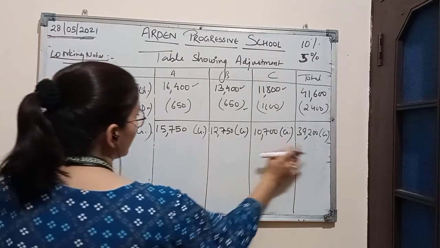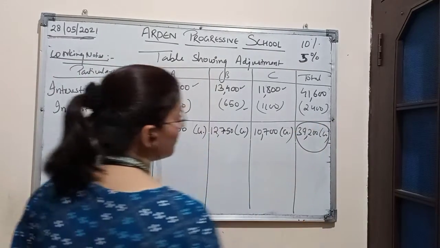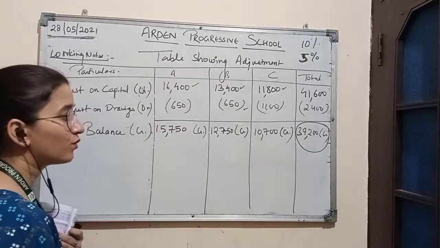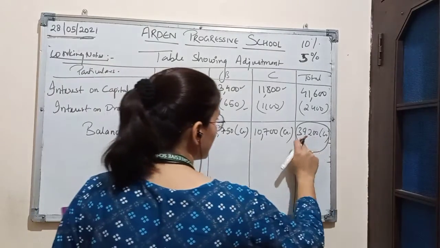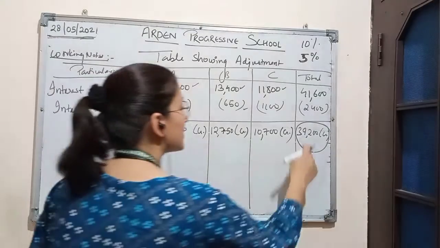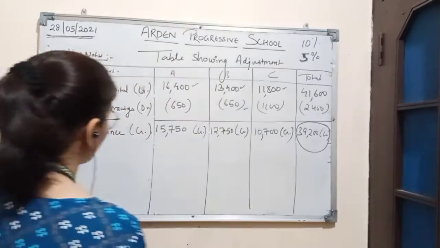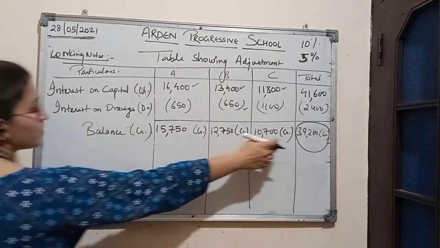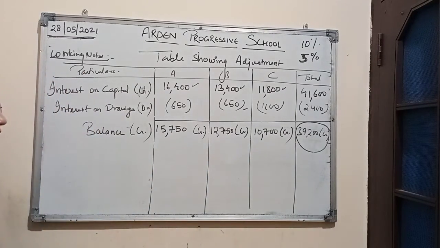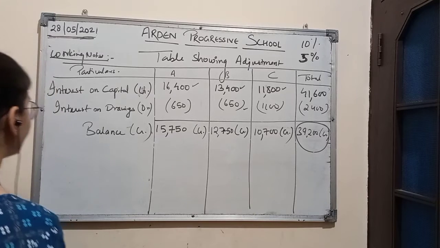So if this is a credit balance for the partner, the same amount will be a debit balance to the firm. So if partner is credited or the partner's income is 39,200, the same amount will be considered as loss for the partnership firm. So here this loss will be distributed in the ratio 2:1:1.